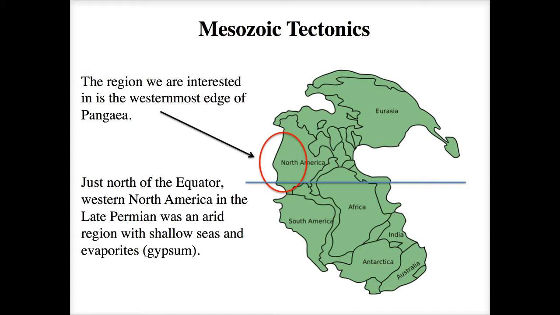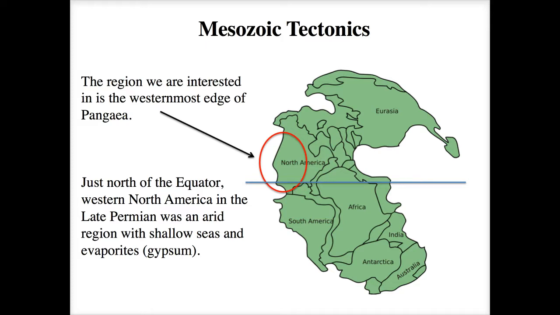Since Pangaea more or less straddled the equator, the area we're interested in is just north of the equator. I don't know if you've had any geography or not, but when you move away from the tropics, the center tropical belt on the planet, you get into deserts.